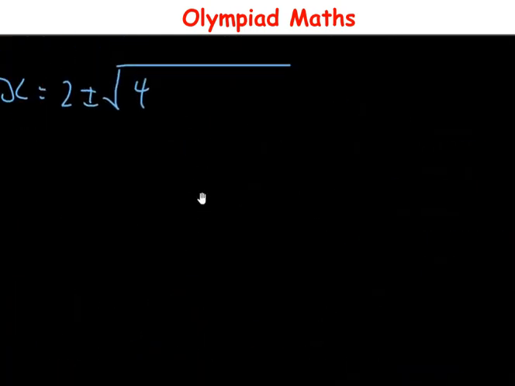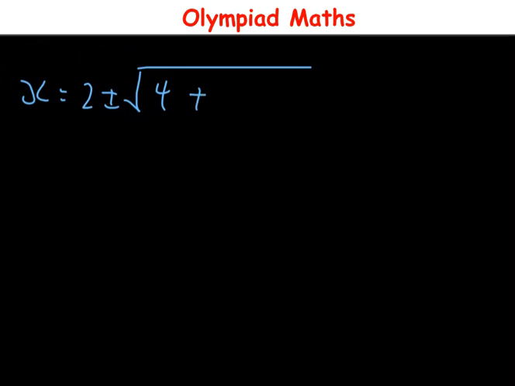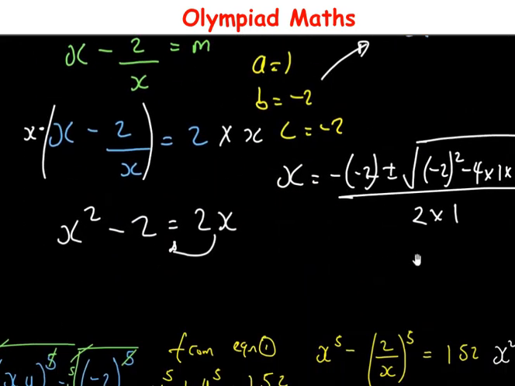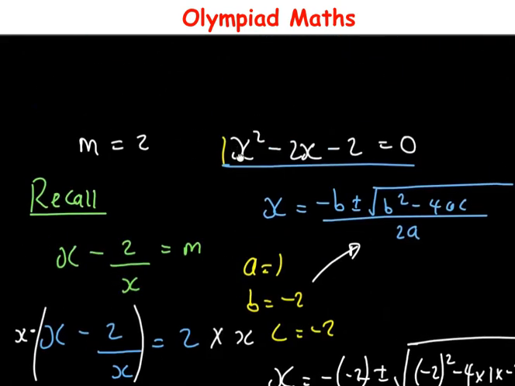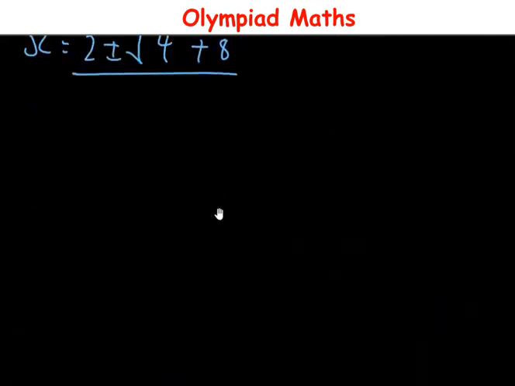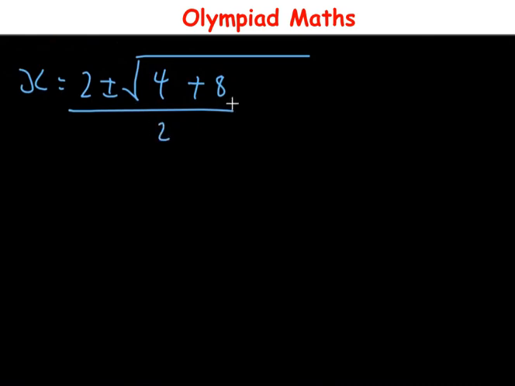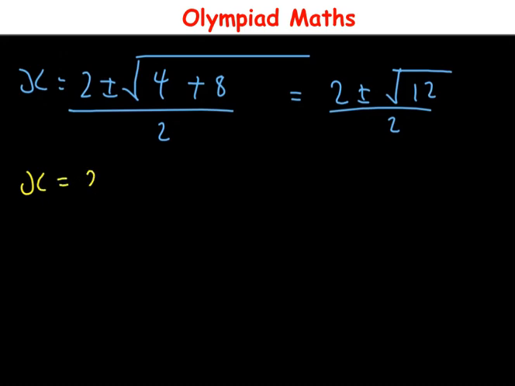So we have plus 8, then over right here we have 2 times 1. 2 times 1 is 2. So writing down 2 over 2, and this equals 2 plus or minus square root of 4 plus 8 is 12 over 2.